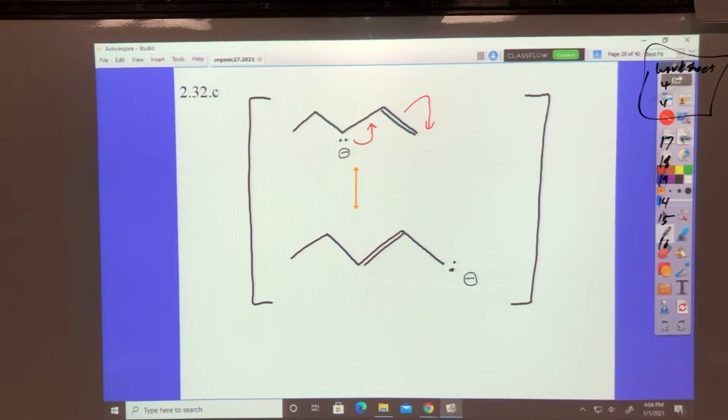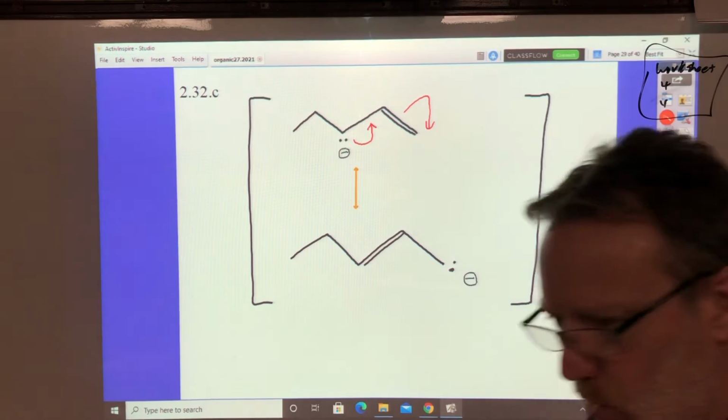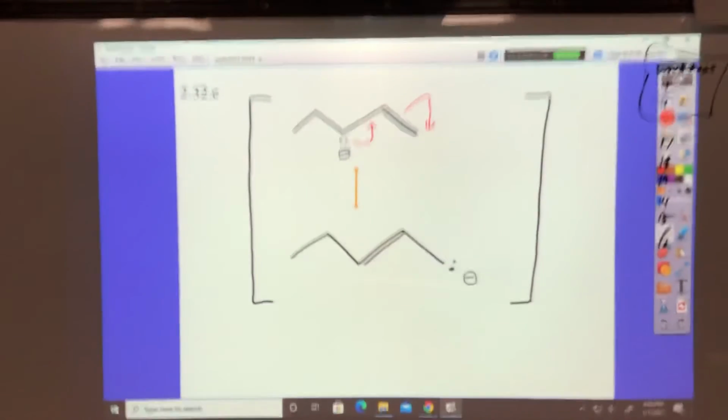Okay, I feel like I am in the chapter review stuff here. Let me grab my book because I had to use it. Okay, yeah, I'm on page 79 at 2.32, and they have you drawing resonance structures for all of these, and they're all thrown together now.